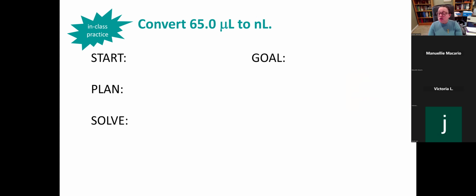All right, so what are we starting with? Where's our starting point? This problem doesn't have a whole lot of story to it. It's a little easier. Yeah, so we're going to start with our microliters. We're going to start with our 65.0 microliters. What's our goal? What are we trying to turn it into?